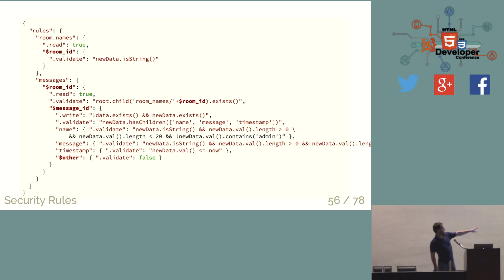And all of those strings, data exists and new data exists and new data has children, that validate one is doing some schema enforcement. So it says that you can't write unless it has all these children. This is complicated and a hassle to deal with.